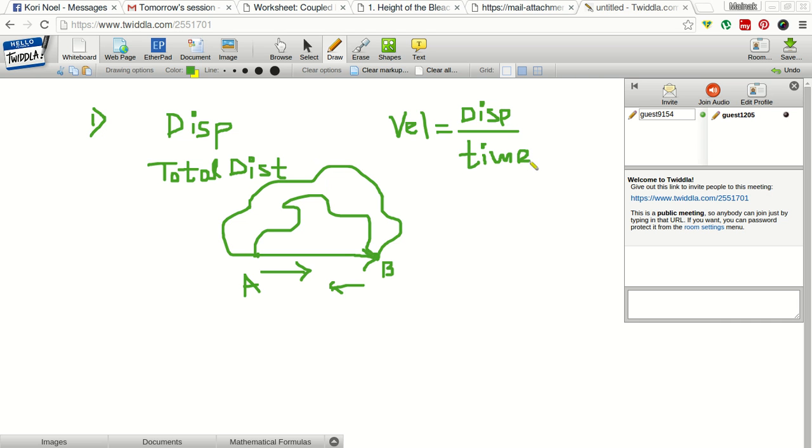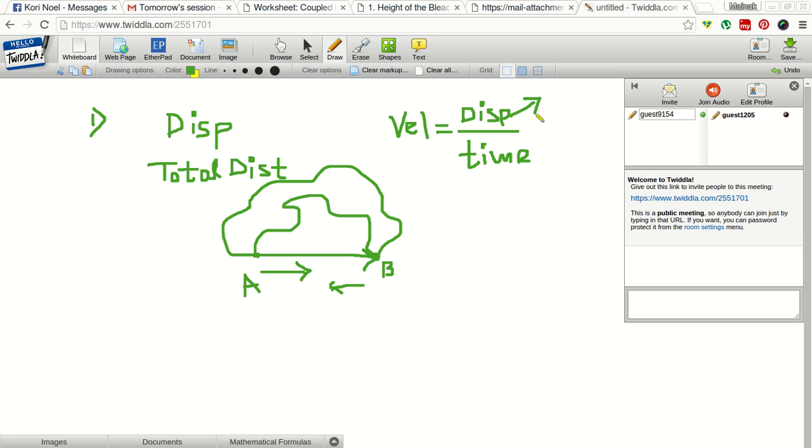Since displacement itself has a direction, whether it's from A to B or from B to A, displacement carries information of the direction. So velocity should also carry information about the direction.